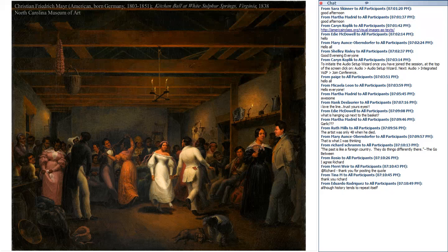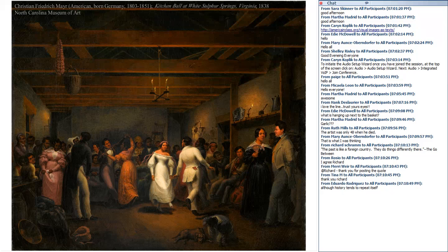So that's the sort of background of the importance of White Sulphur Springs. It's a name everybody would have recognized, even in New York when it was exhibited. It was a place that attracted visitors from all over, including Frederick Marryat, the Englishman. We have a quote from him, but we'll get to that in a moment.